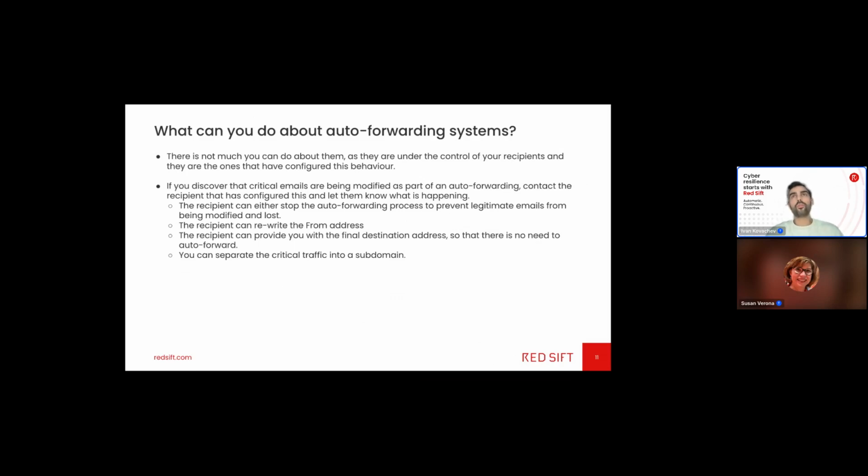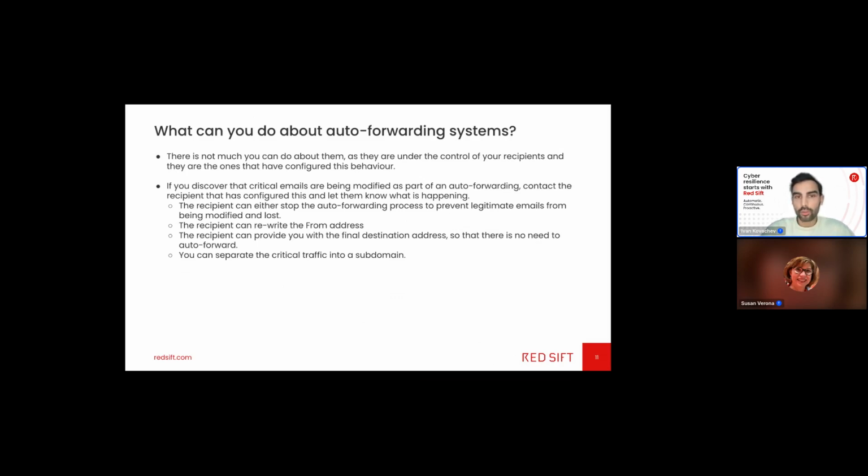However, if you find that there are critical emails that are failing due to some auto-forwarding, and you've identified the actual recipient that is causing this, you can contact the recipient and ask them to stop the auto-forwarding process. Make them aware of what's happening to your emails and that they're causing your emails to fail DMARC and be lost.